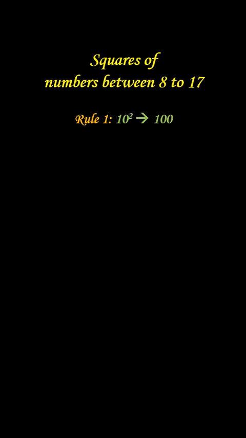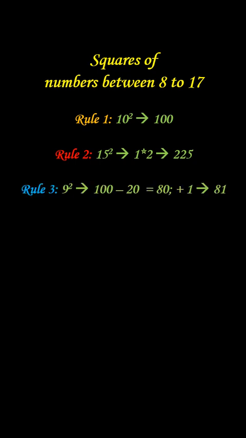Rule number 1, 10 squared is 100. Rule number 2, 15 squared is 1 times 2, 225. Rule number 3, 9 squared: 10 squared is 100. 10 times 2 is 20.